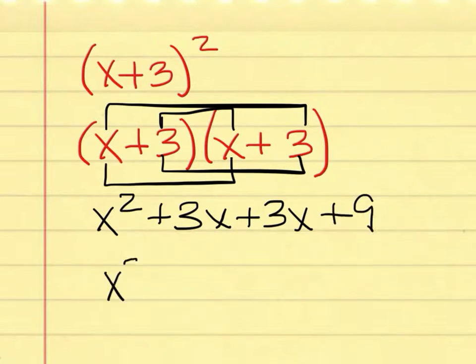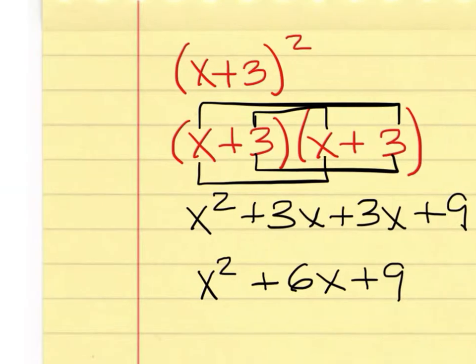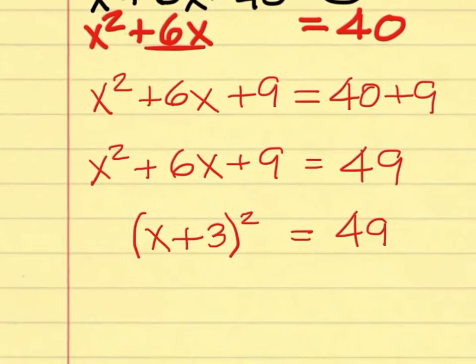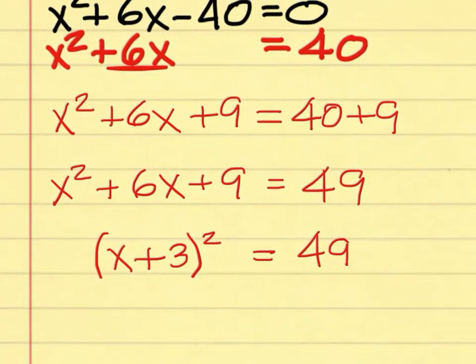If you add the middle terms together, it is 6x. x squared plus 6x plus 9. That's exactly what we had over here on this side, in this spot. That is a perfect square. Here is that thing written in square form.